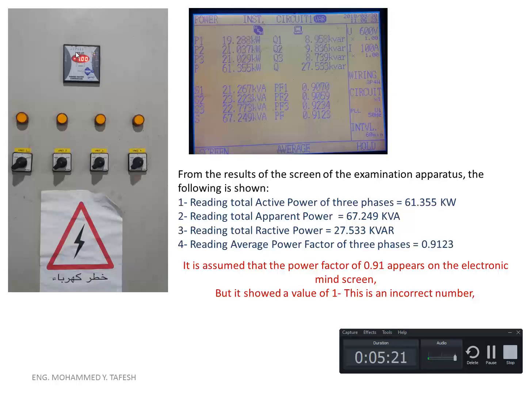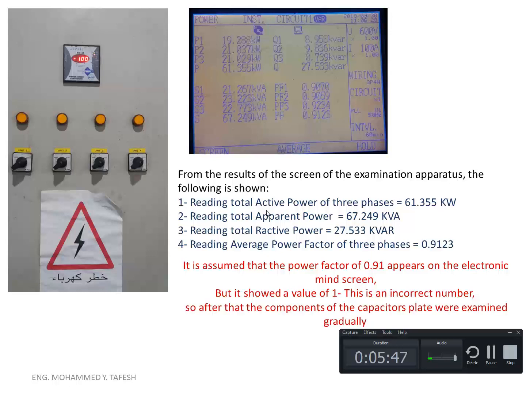It must be a value of 0.91. It must be shown here. Okay, now let's discover where the breakdown is, or where the mistake or the error was at this plant.